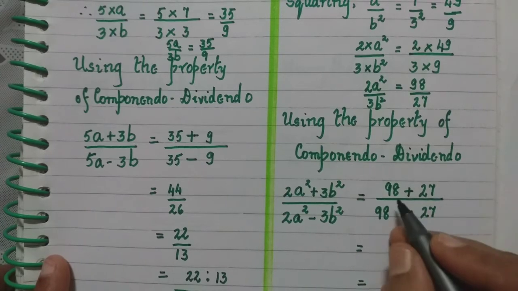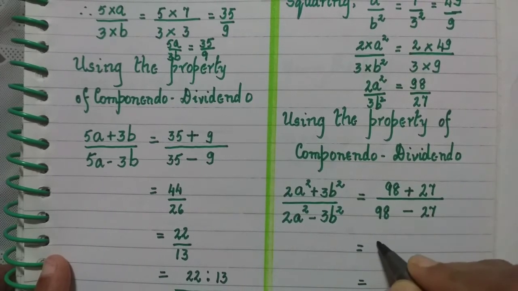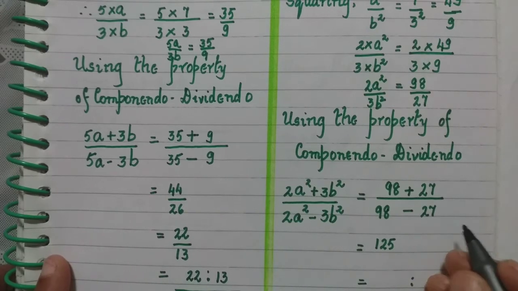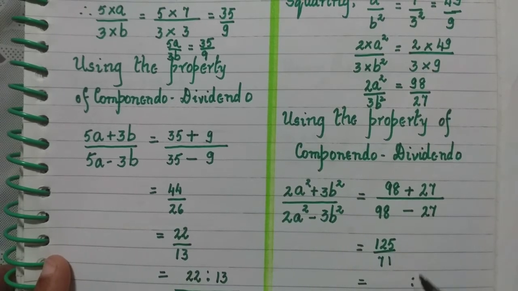Now when I add this 98 plus 27, I get 125. When I do this 98 minus 27, 8 minus 7 is 1, 9 minus 2 is 7. So I get 71. So this fraction becomes 125 by 71.